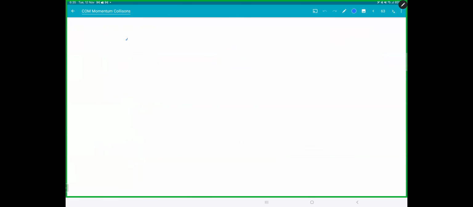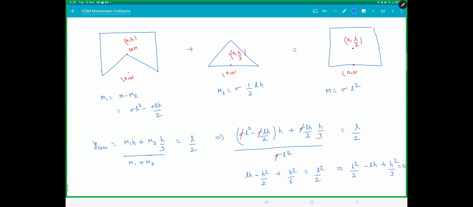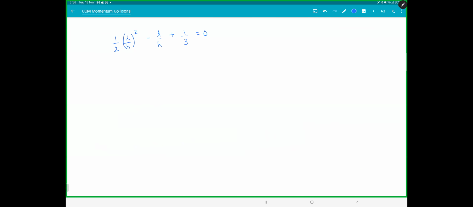Remember your results. So divide by h square on both sides. This will become half into L by h whole square, minus L by h, plus 1 by 3, because you're asking for the value of L by h. Now it's a quadratic in L by h. So L by h is equal to 1 plus or minus root over b square minus 4 into half into 1 by 3, divided by 1, which gives 1 by root 3.